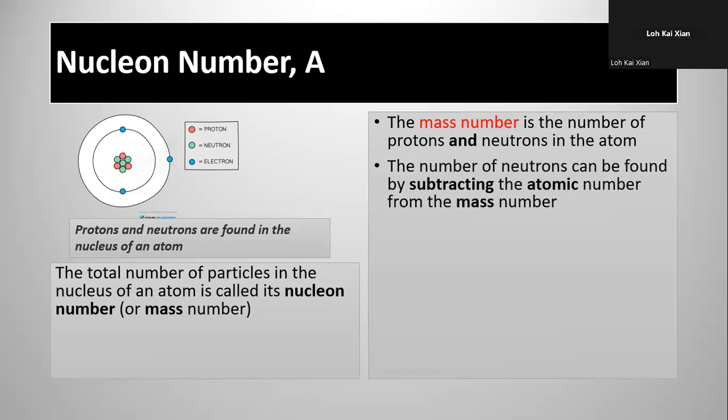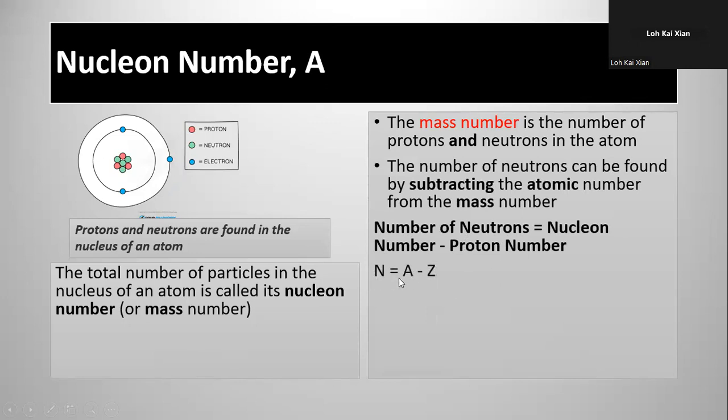Number of neutron can be found by subtracting the atomic number from the mass number. If you write the number of neutron, it is nucleon number A minus proton number Z. If you prefer to memorize it in formula, that's the formula.